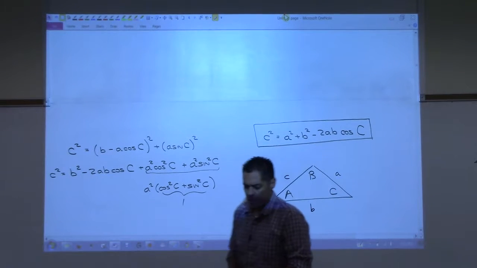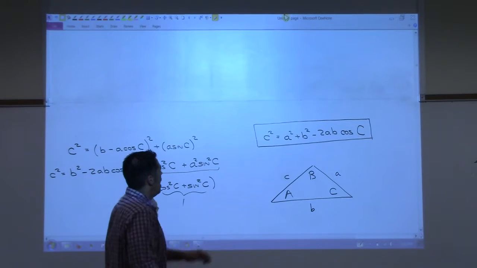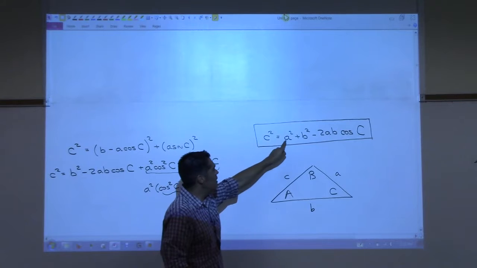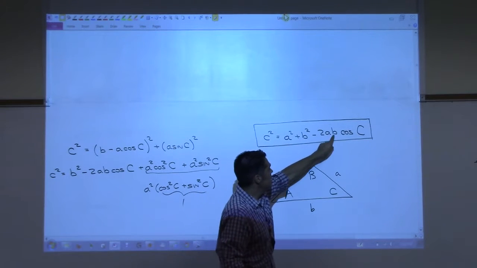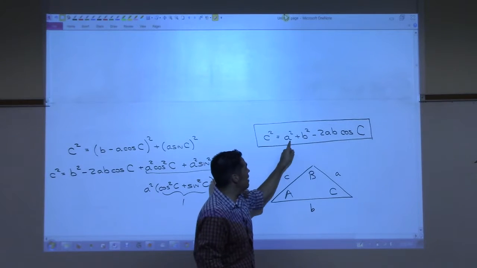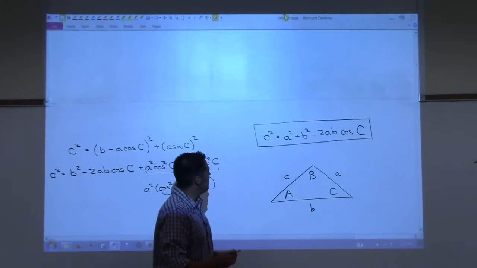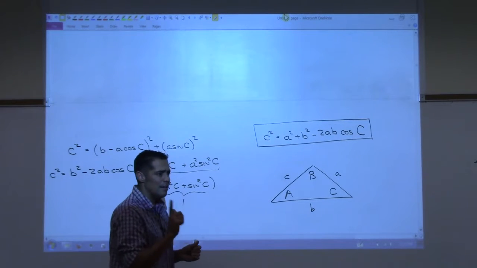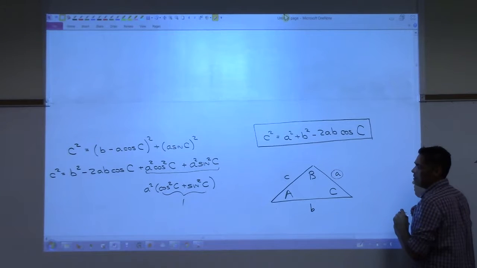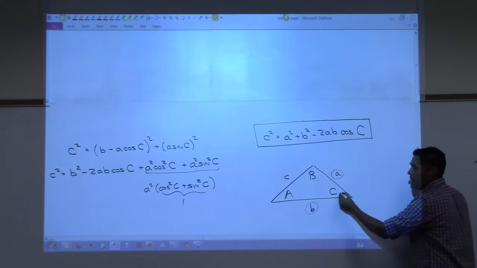For the law of cosines, I can find little c if I know a, b, and capital C. I need to know capital C, little a, and little b, and I can find little c. Agreed? So let me circle in red the things that I know. I know little a, I know little b, and I know capital C.